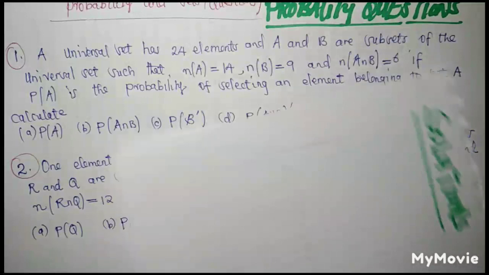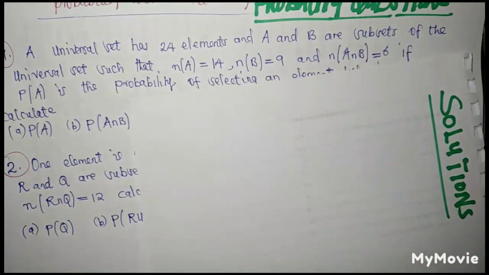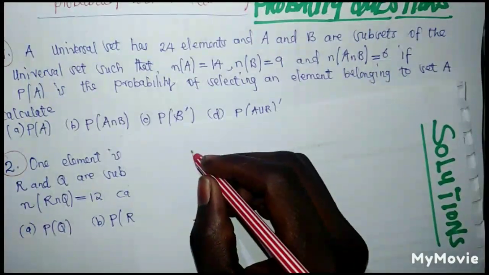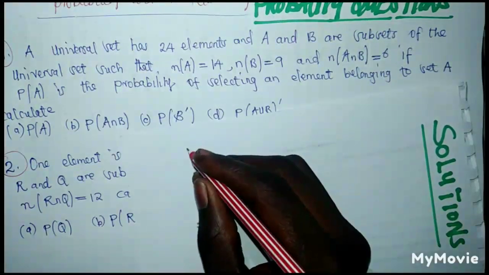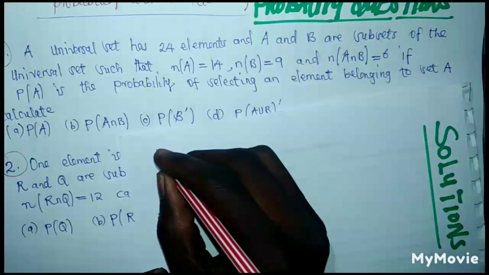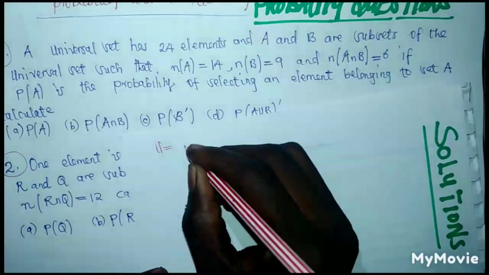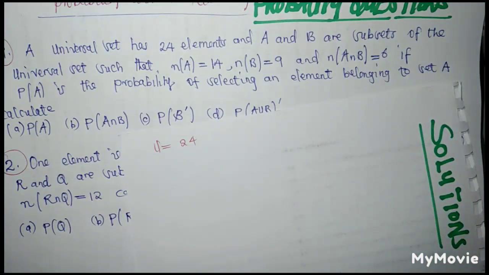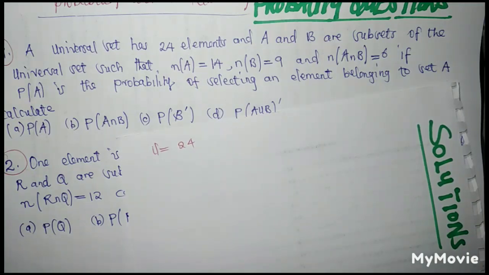So they said that the universal set has how many elements? It has 24 elements. So we are going to imagine that this is a set of our outcomes, the set of our outcomes of different events.